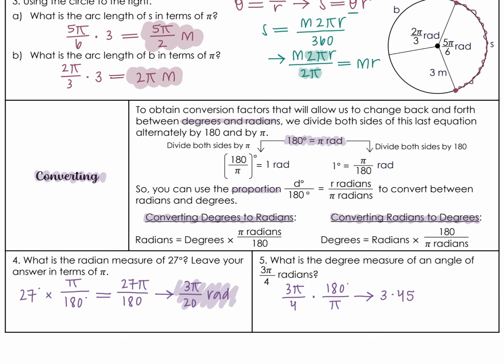And my pi disappears because the pi in the numerator and the pi in the denominator cancel each other out. And now I just need to multiply these two numbers together to get my answer. So 3 times 45 is going to give me 135 degrees for my answer.